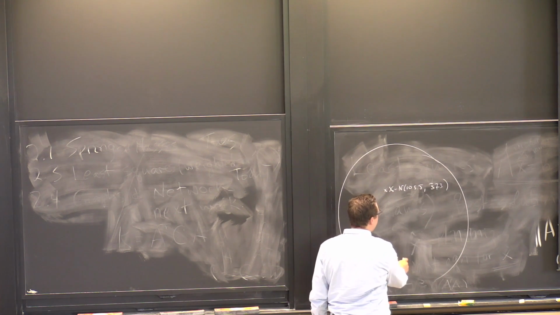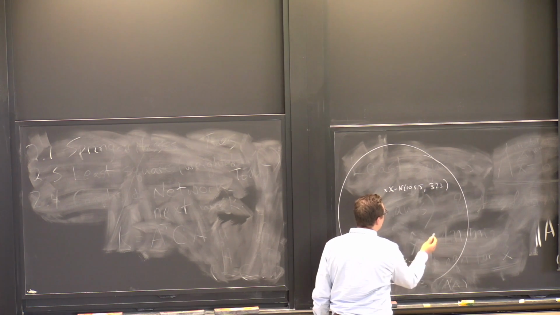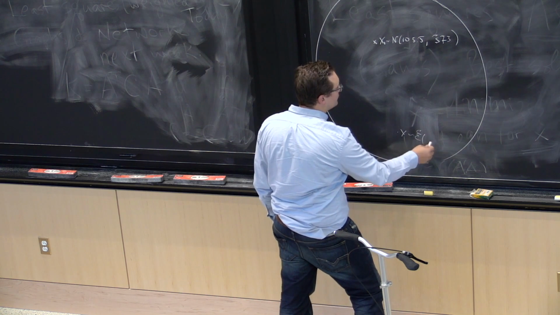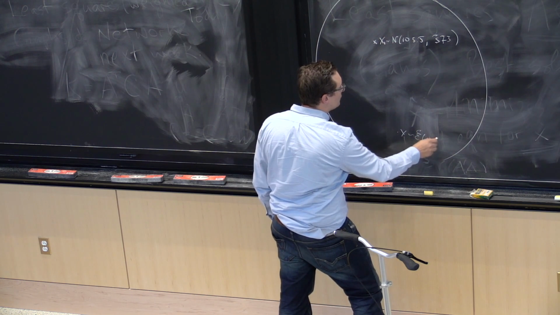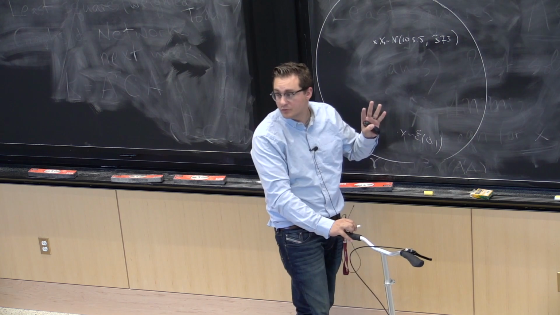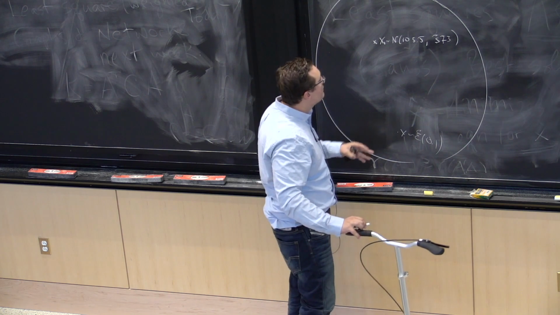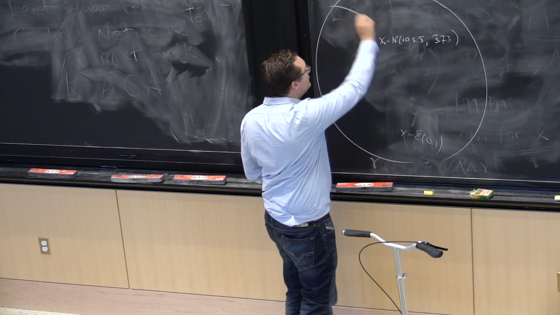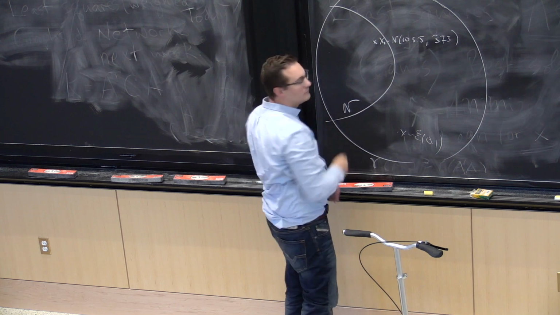So for example, here is x follows some exponential, I don't know, 0.1. This is just another distribution here. Those are all the possible distributions. What we said is, first of all, let's keep only those Gaussian distributions.